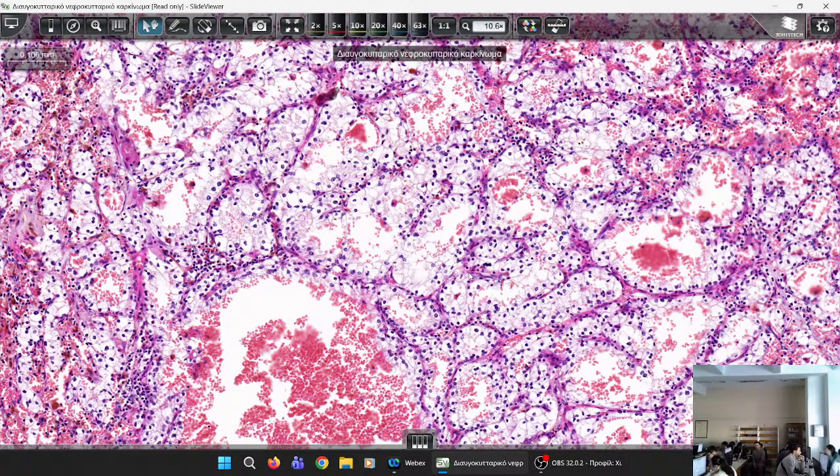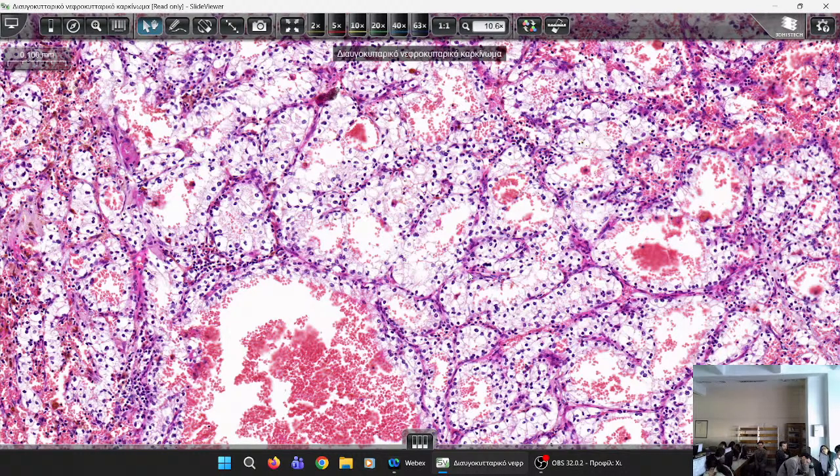So, we have to grade the tumor, and the grading of renal cell carcinoma has to do with under which magnification we can identify a nucleolus in the cancerous cells. If we need a high magnification to find the nucleolus, the tumor is low grade. However, if we can see the nucleoli in the nuclei of clear cell carcinoma cells under a 100 magnification, meaning a 10 lens, this is high grade.